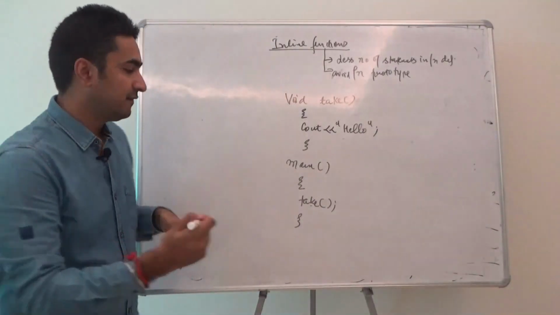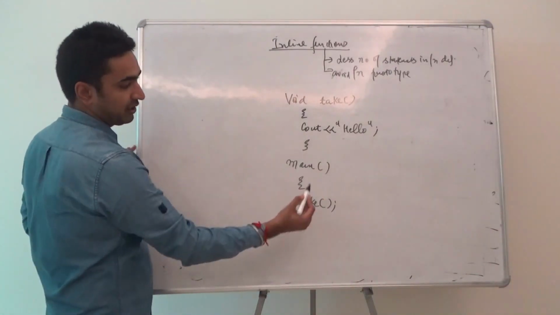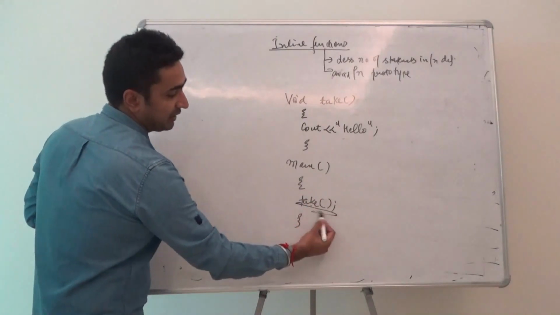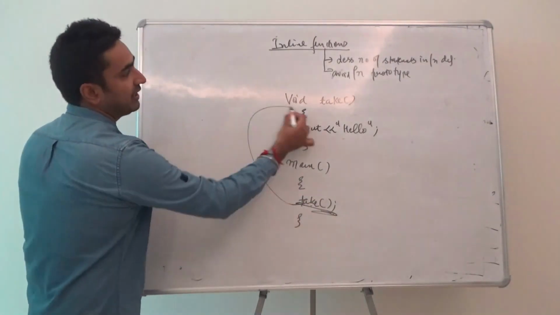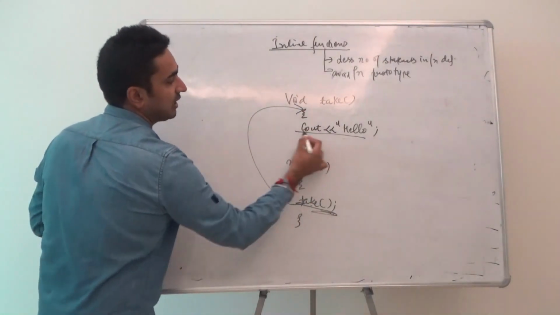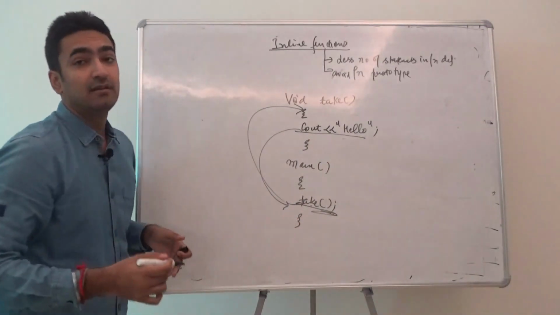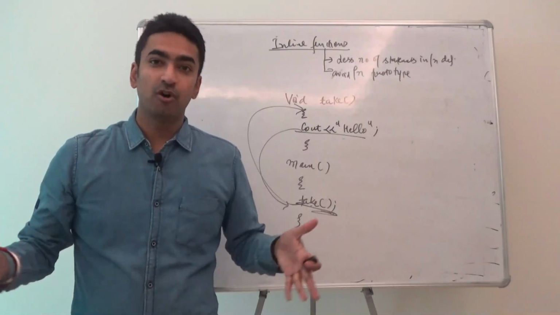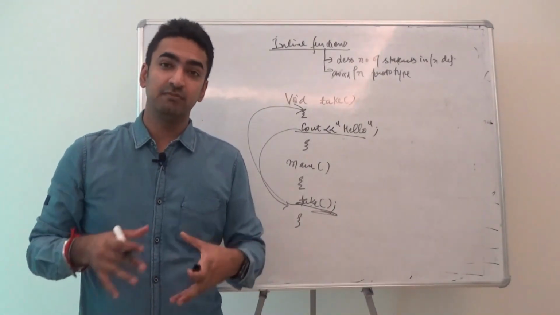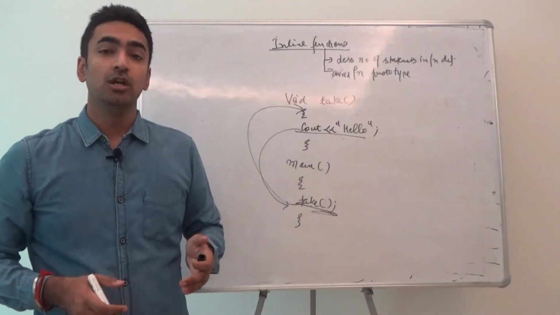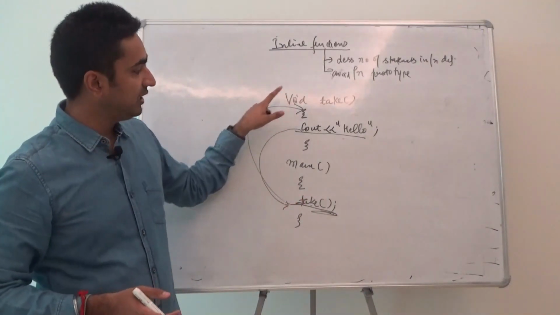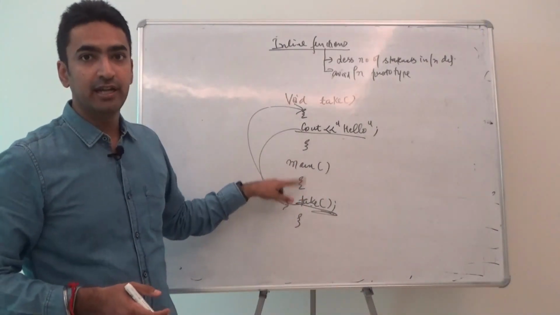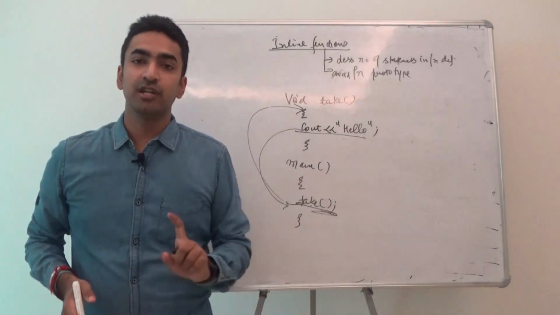So firstly, in the main it gets called, and then it goes to the function over here, it displays hello, then it comes back over here. If this process is taken in a for loop, it means 50 times it will display hello. Firstly it goes to take, then it comes back here, again it goes to take, and then comes back here.